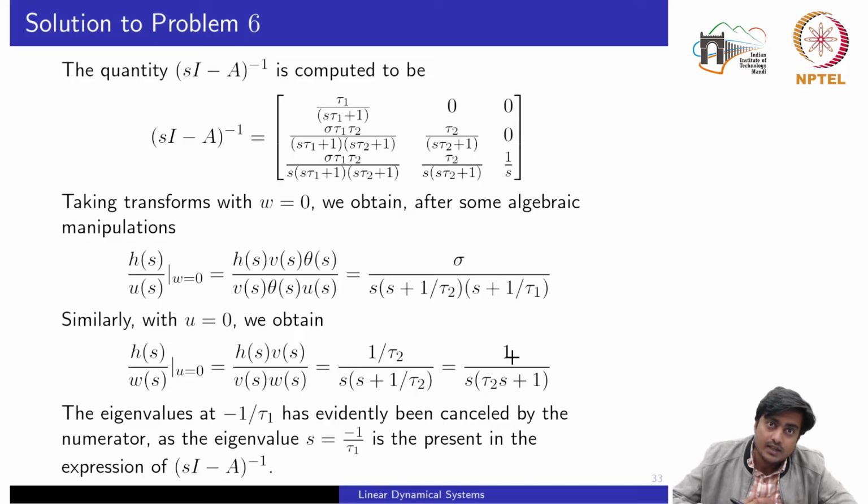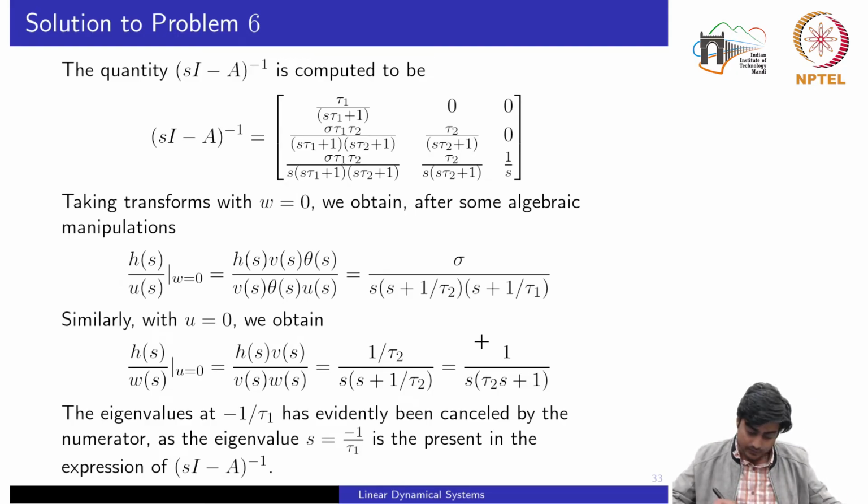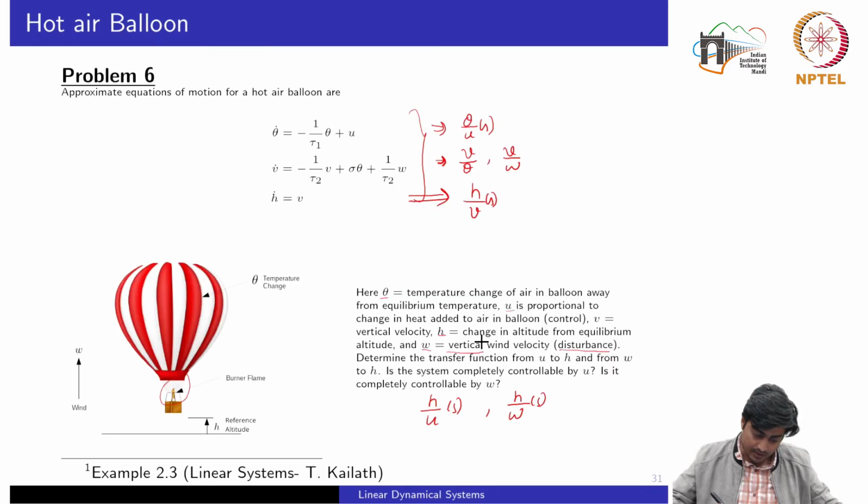So if I see the input output signals, that is H and W, that mode or that eigenvalue is basically hidden from the input output signals. You can also visualize how that eigenvalue has been cancelled out. Say for example, let's write these equations.